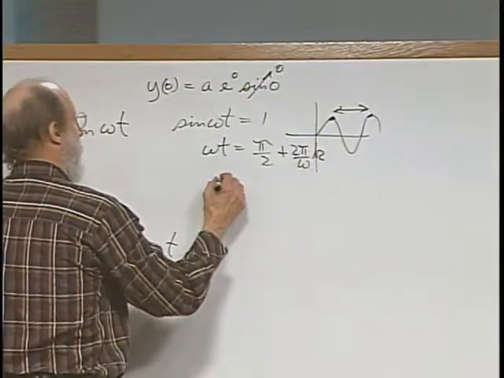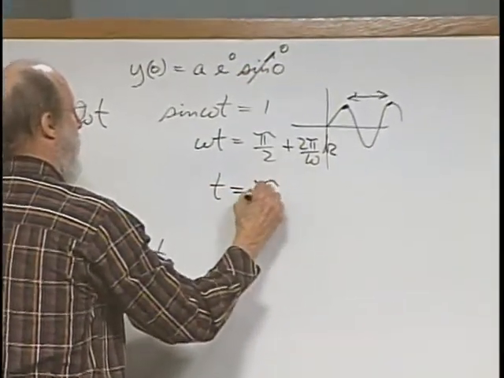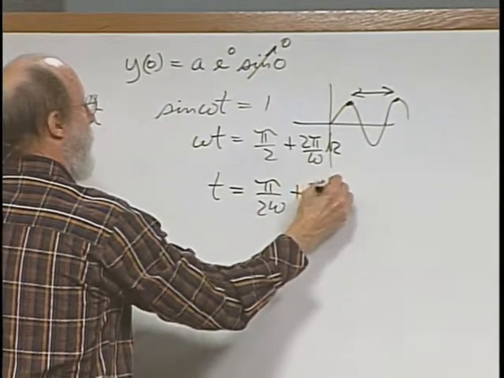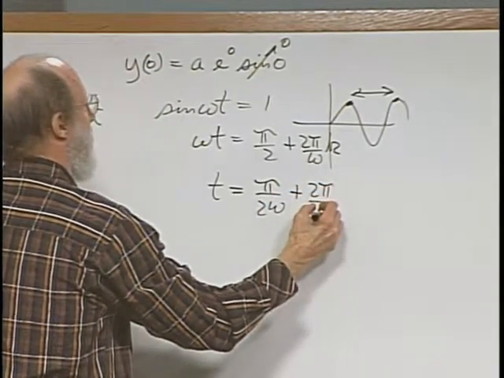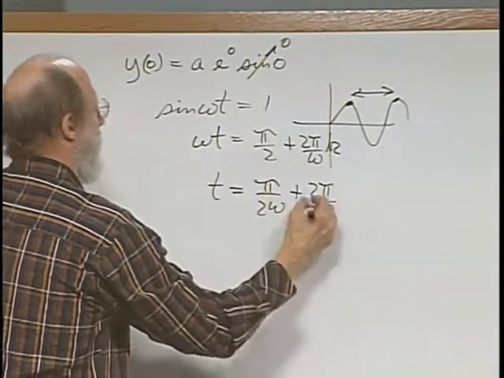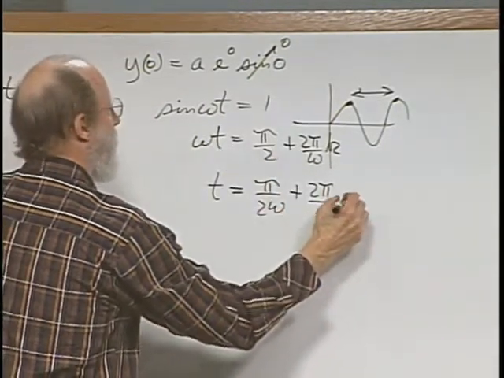And that will occur at pi over 2 omega plus 2 pi over omega squared times k.